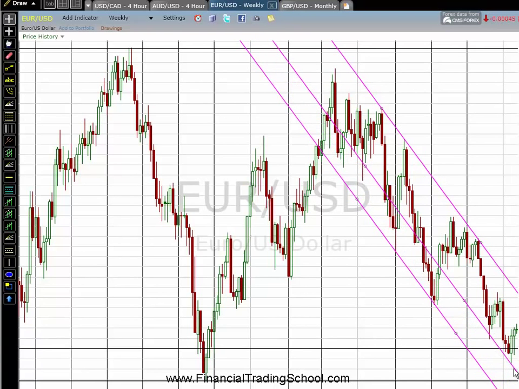See this low there and that low there, and then based on the recent highs you can create another one like that. So this is kind of like Australian USD, except this is a downward channel.